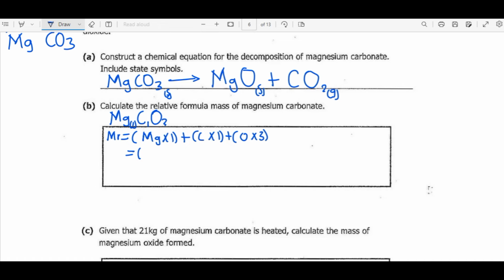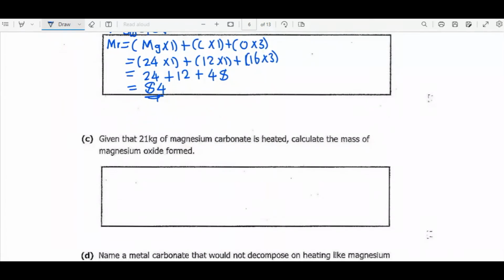If you go on the periodic table, magnesium has a mass number of 24 multiplied by 1, carbon 12 times 1, and oxygen 16 multiplied by 3. So 24 times 1 is 24, plus 12, plus 48 for oxygen. If we add 48 plus 12 is 60, plus 24 is 84. So this is our final answer. This is what they wanted.